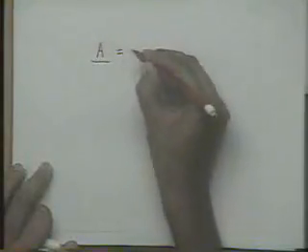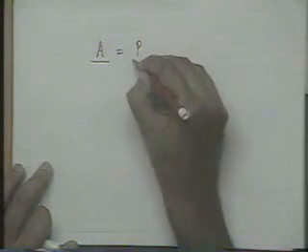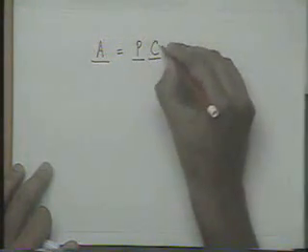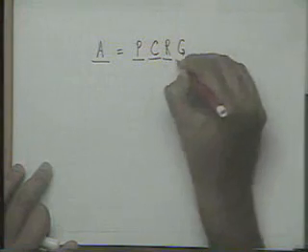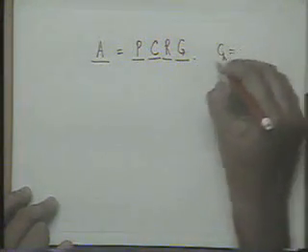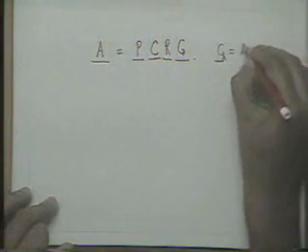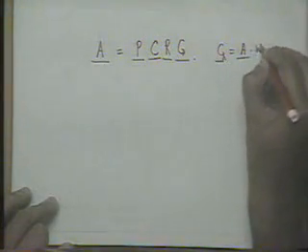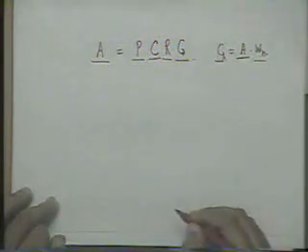So we are assuming this combined transformation matrix A to be P, C, R, G. Okay, and we have CH column vector equal to A matrix product with the WH column vector.